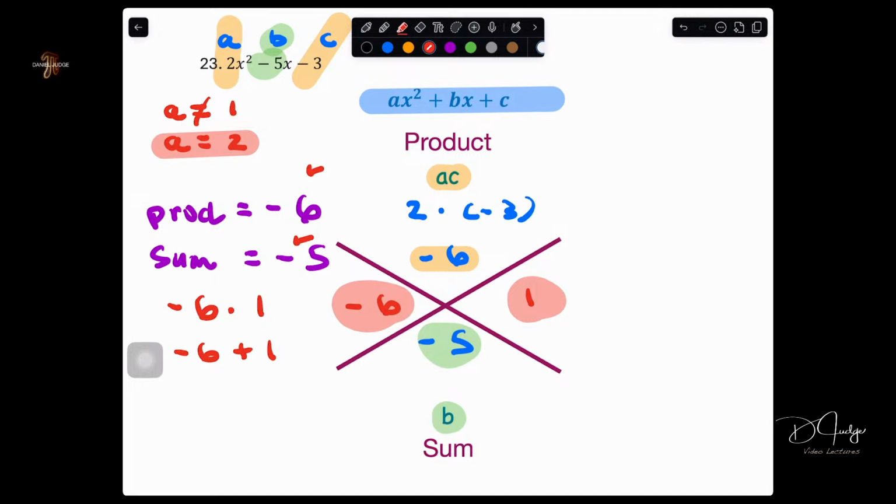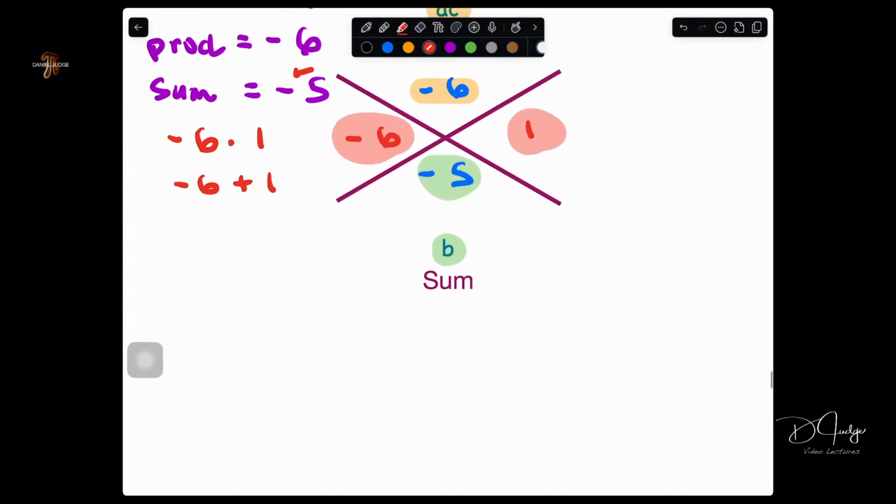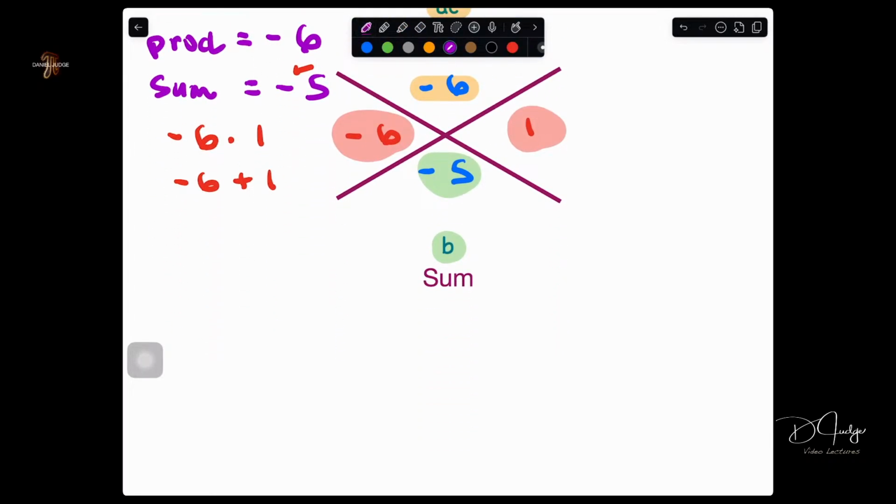Now, this is pretty much the same as what we've been doing for the rest of these examples. Now, here's the difference, though. Typically, we would say x minus 6 times x plus 1. This is your answer only when A is 1 here.